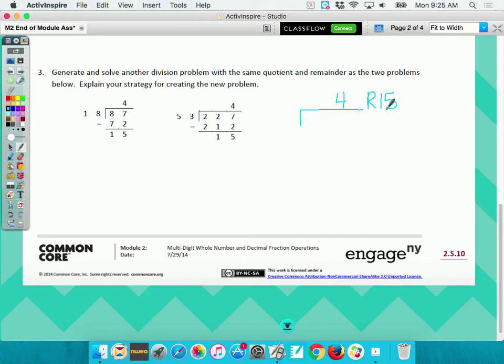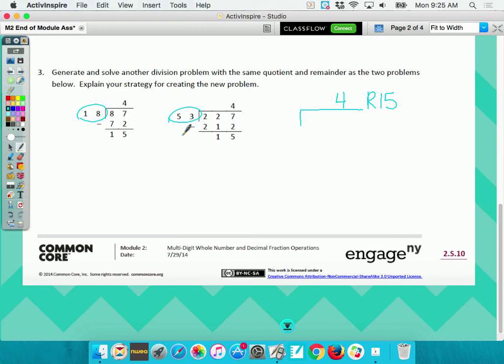Now, there's a rule. Of course, we can't pick 18 or 53, because it says different problem. But what's the rule for picking a divisor? It has to be larger than the remainder. What's the remainder? 15.